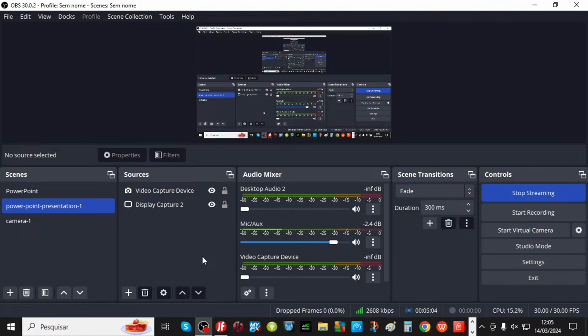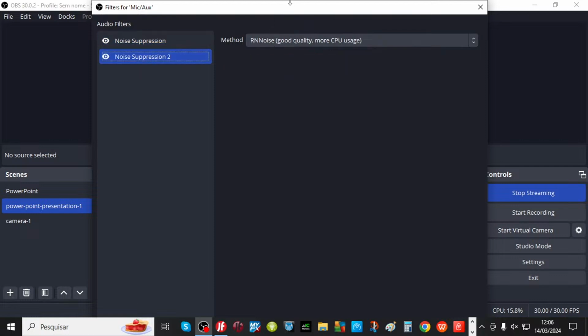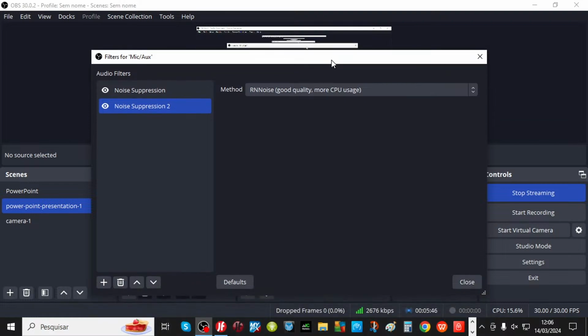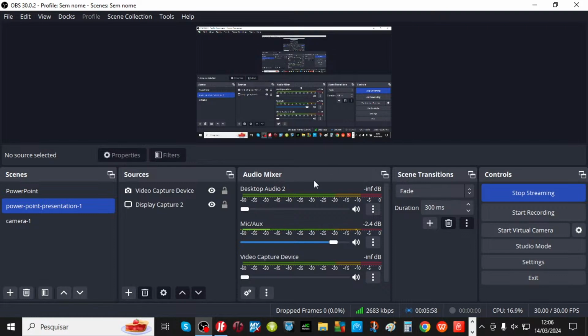I have filters here. I can move it up or down, so maybe if I do this, it's better.